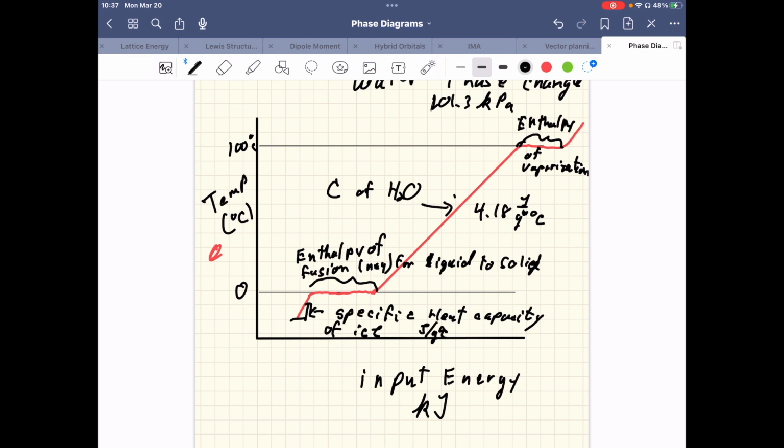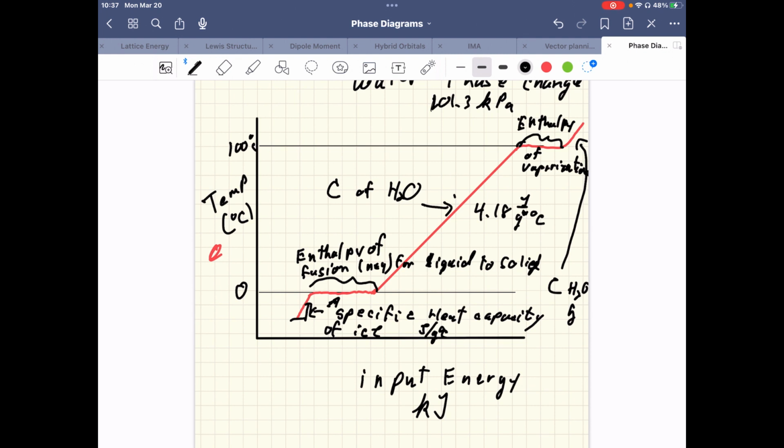Water is going to stay at 100 degrees Celsius as you're putting in more heat, and you'll need to convert all of that water to vapor, similarly to what happened down here when we were looking at the conversion from ice to water. And then finally, the last little bit, that's the specific heat capacity of vapor, of H2O gas.